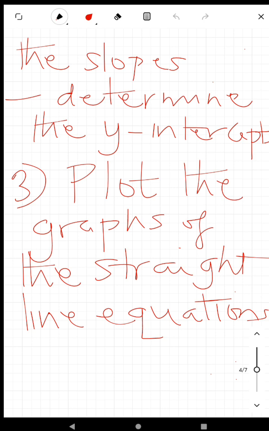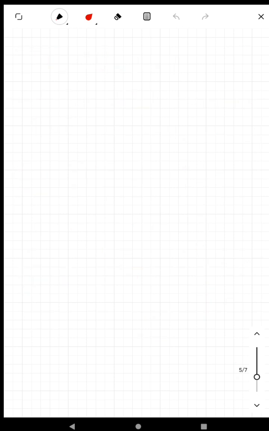So which ones are the equations we are talking about? Let me show you. The first one is y is equal to 2x minus 1.